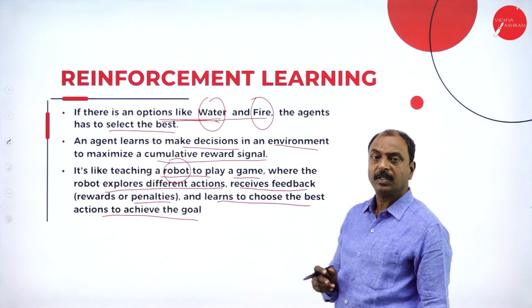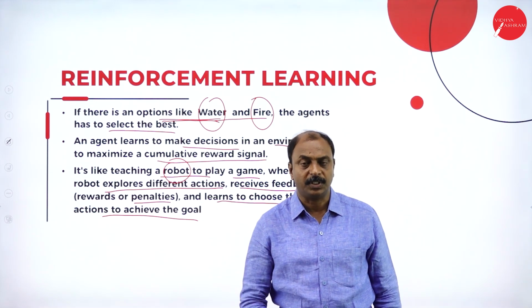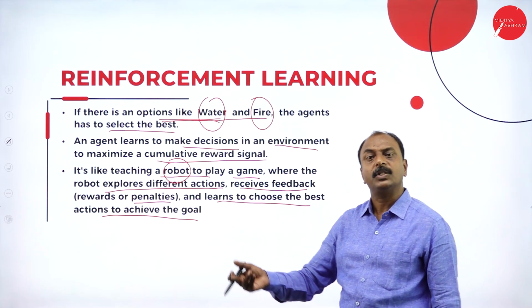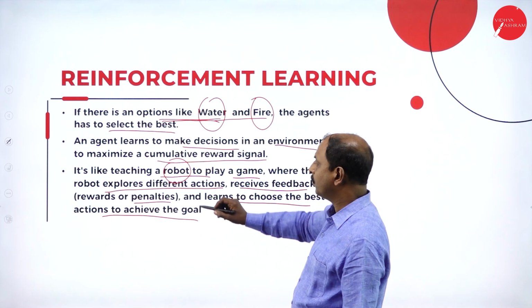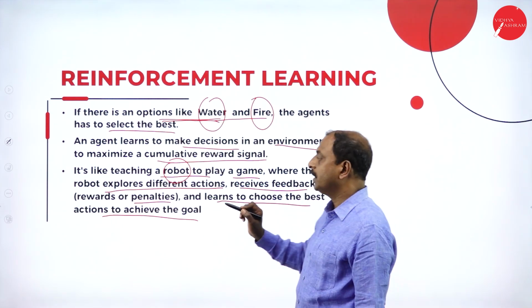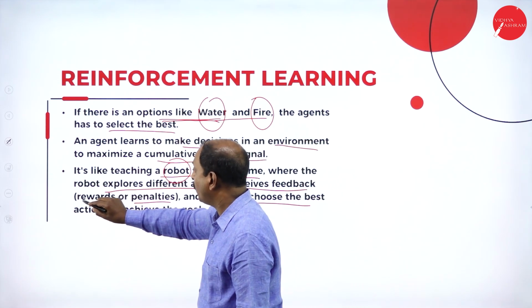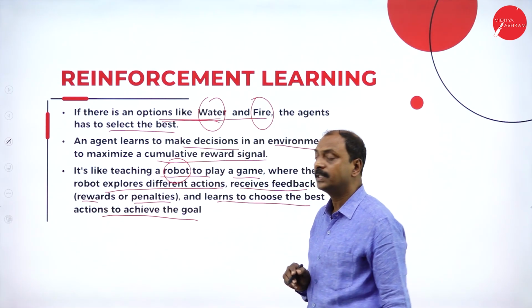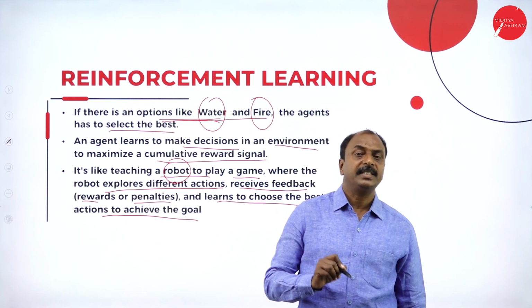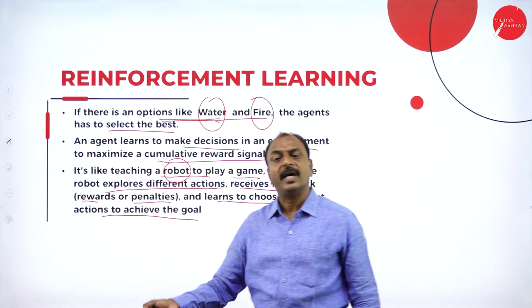Suppose you are playing with the computer system, any movement you make, it immediately responds with a different move. That is an example for this type of learning system. It also learns from rewards and penalties. What is the meaning of this? For any right selection, you can keep on adding rewards.